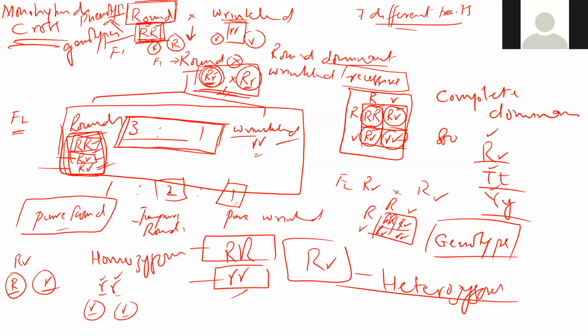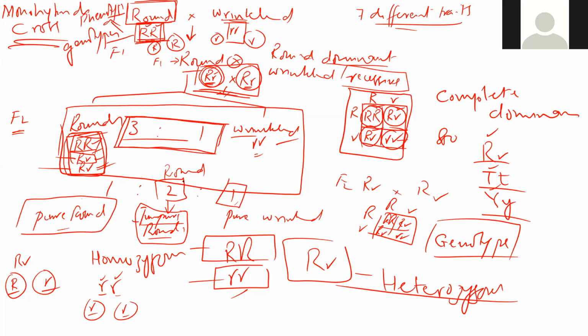So what we discovered, we found in the progeny, on the basis of phenotype of the progeny, when we took a round, in the progeny of the round I have 3:1 round and wrinkled. It means this was impure round. Clear?